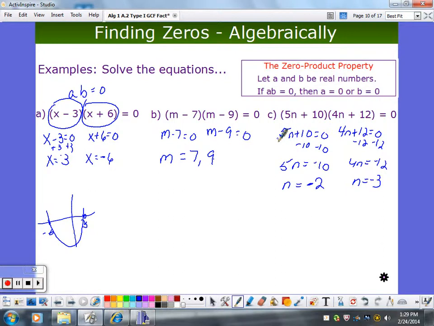Divide by 5? Yeah, when you do 10 divided by 5, it's equal to this. I'm not 100% sure I understand what you're asking. If you divide through by 5 first, you can do that. You get n plus 2 equals 0 and n equals -2. So just solve this equation.